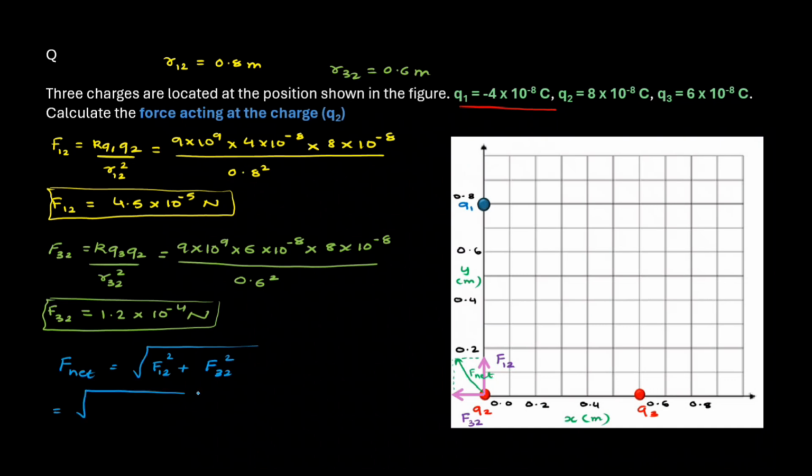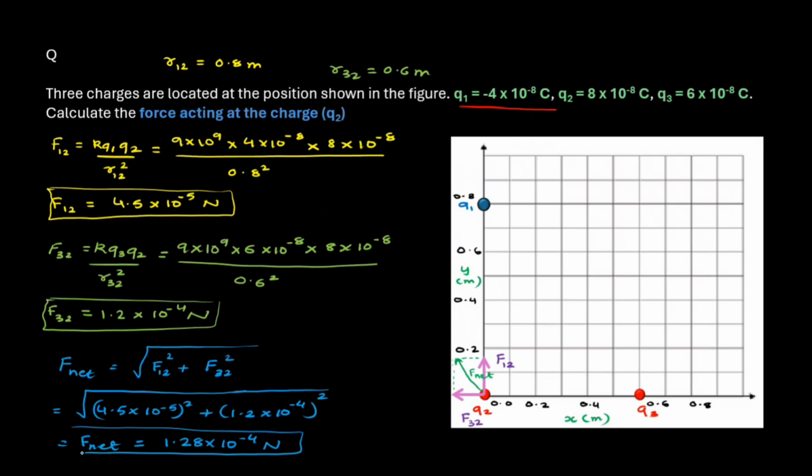This will become the square root of 4.5 times 10 to the power negative 5 squared plus 1.2 times 10 to the power negative 4 squared. And when you solve this, you get Fnet equal to 1.28 times 10 to the power negative 4 Newton. So this is the magnitude of the resultant.